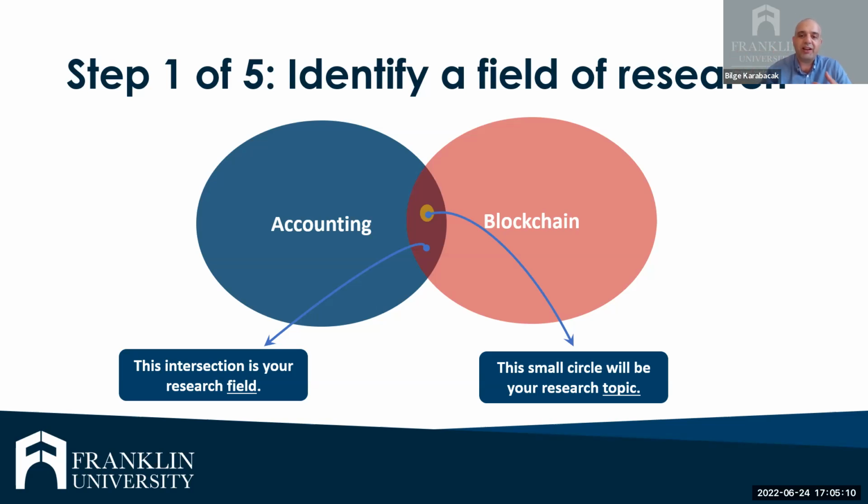The intersection of accounting and blockchain looks like a fertile field to find a research topic. If everything goes well, a small circle within this field can be your research topic. Just as a random topic, for example, the factors that affect the acceptance rate of blockchain by accounting firms might be an example of the small circle in this field of study.